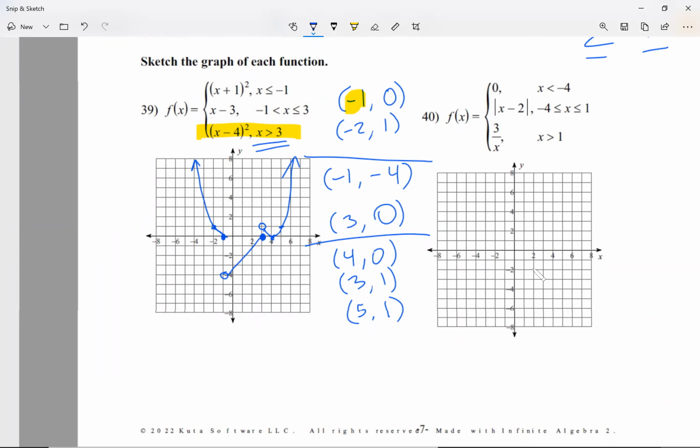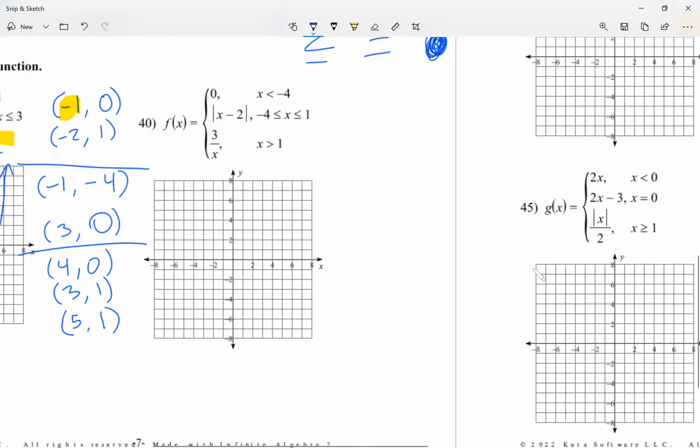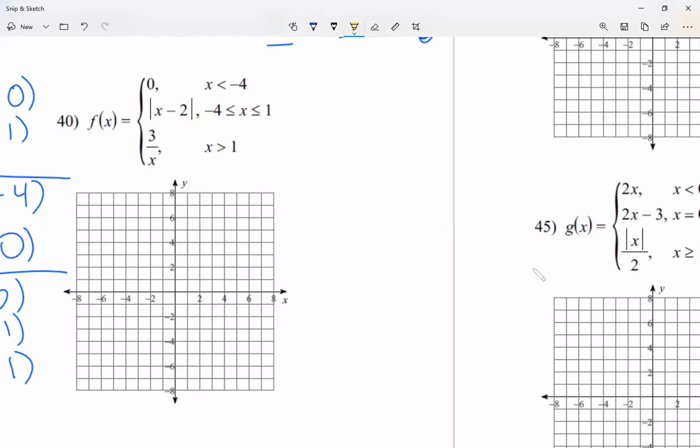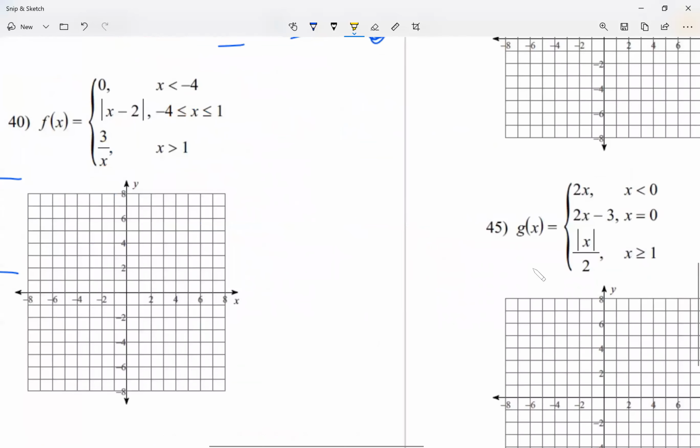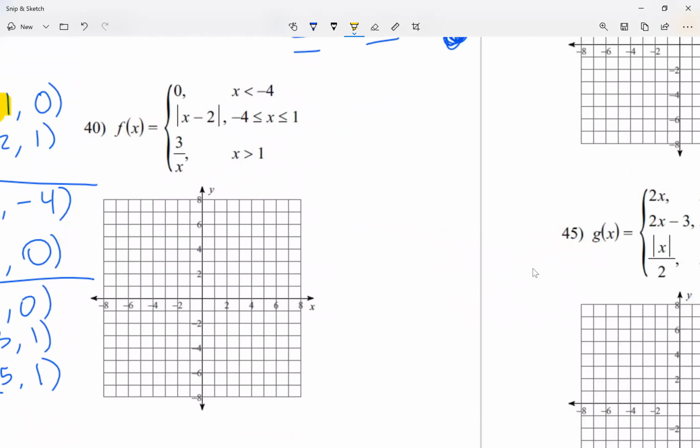Now let's take a look at question number 40. Let me take a look at the first thing here. Y equals 0. I'm looking at this as the line y equals 0 when x is less than -4.